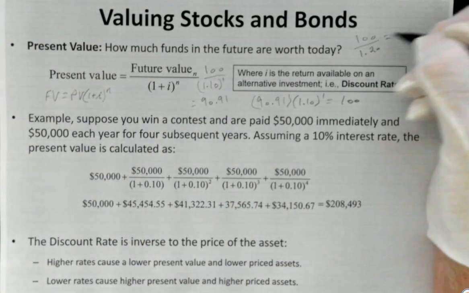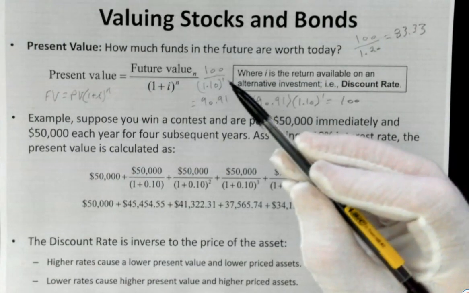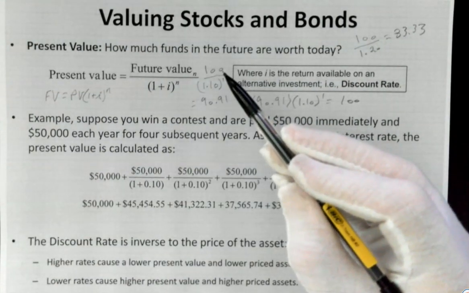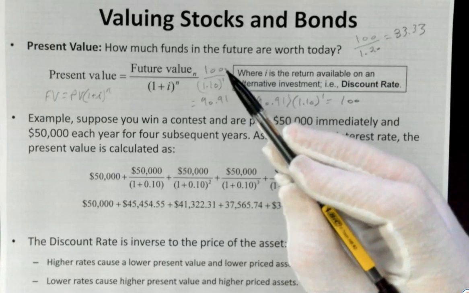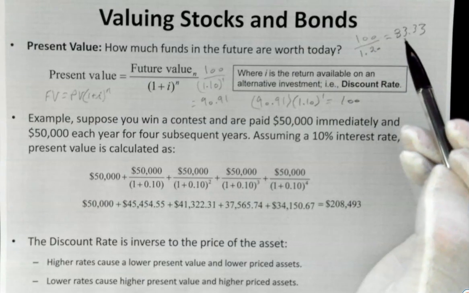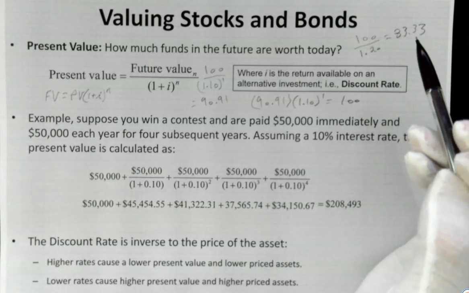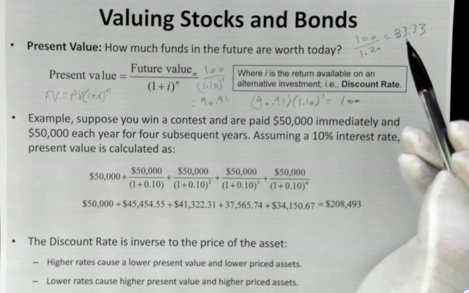What happened? The present value of this $100 to be received a year from now went from $90.91 to $83.33. Clearly, this $100 received a year from now is worth less today. Of course it is.